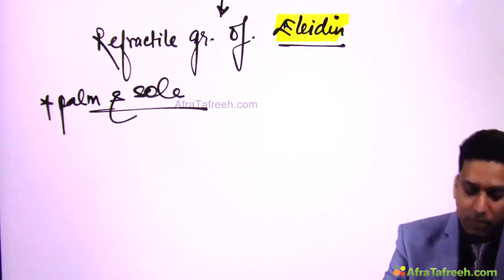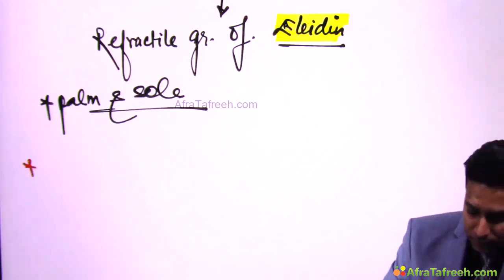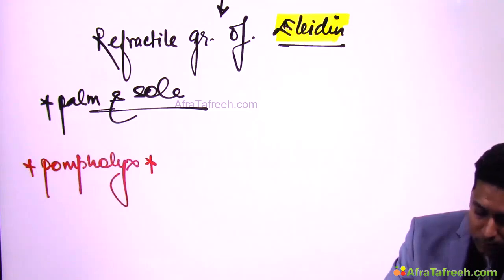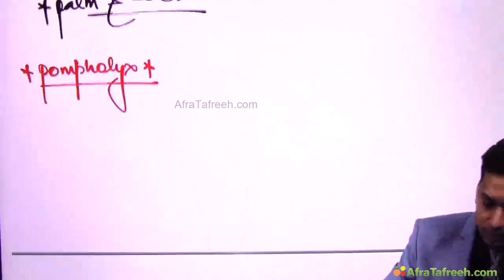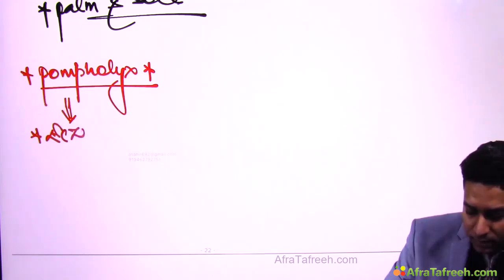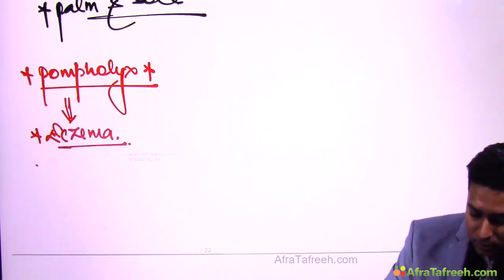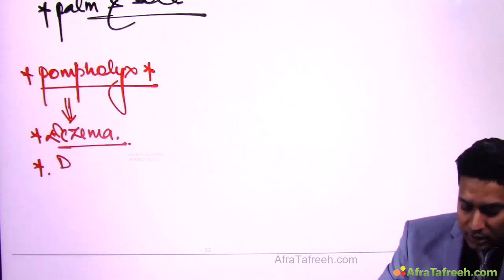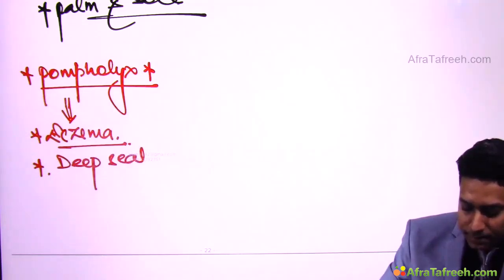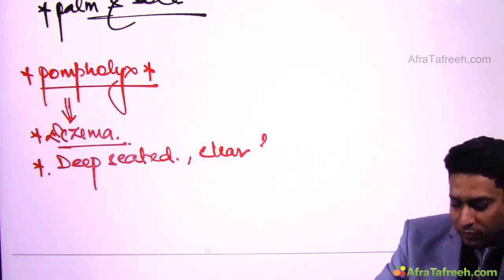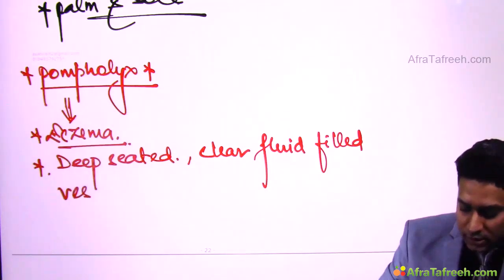So let us write down one point about pompholyx here itself. Pompholyx. It is a type of eczema where deep-seated clear fluid-filled vesicles are seen over palm and sole.